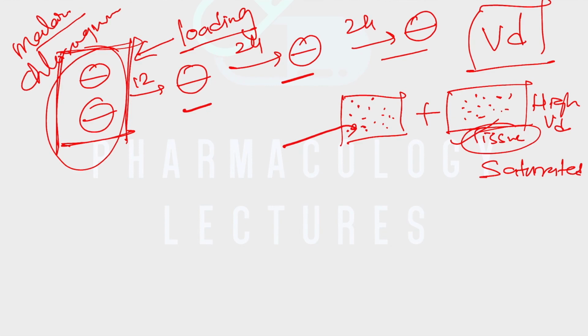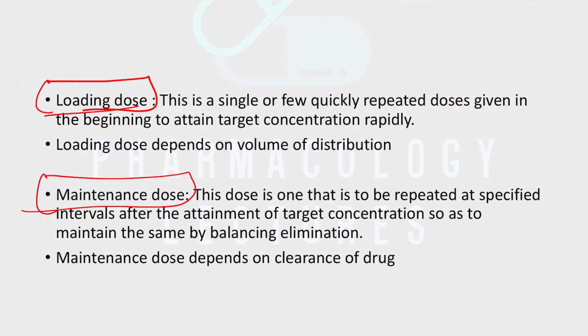So that is a practical example of loading dose. We give a loading dose at the initiation of therapy to attain the target concentration rapidly. It saturates the tissue proteins. So loading dose mainly depends on volume of distribution.